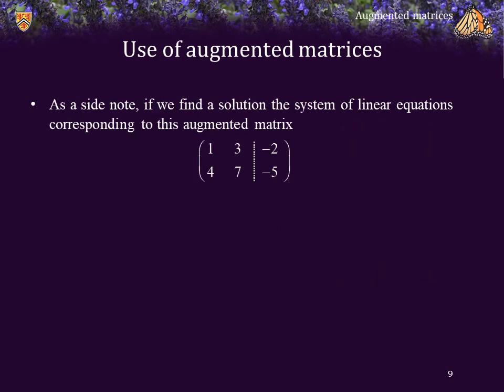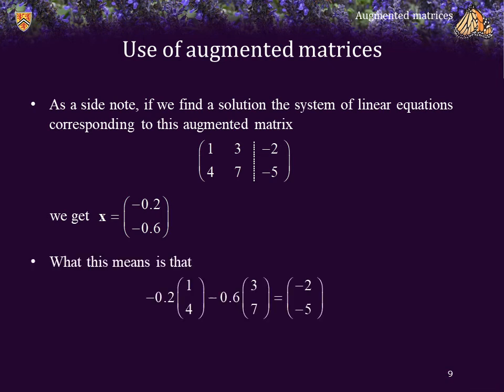As a side note, if we were to find a solution to the system of linear equations corresponding to this augmented matrix, we would get the following vector: x is equal to negative 0.2, negative 0.6. Well, interestingly enough, what this means is that negative 0.2 times the first column vector, 1, 4, minus 0.6 times the second column vector, 3, 7, equals the target vector, negative 2, negative 5.